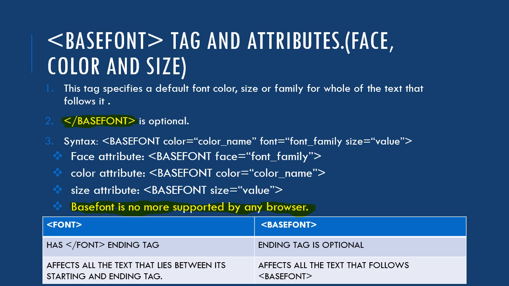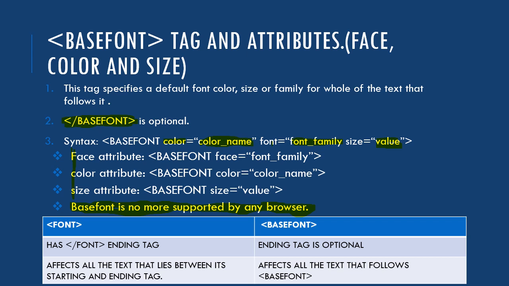But just for the sake of covering the syllabus, the syntax of base font was just like the previous font tag. You mentioned base font and color, then color equals double quotes color name or hex code or RGB code, then face equals font family name, and then size equals value. So these three were the face, color, and size attributes.